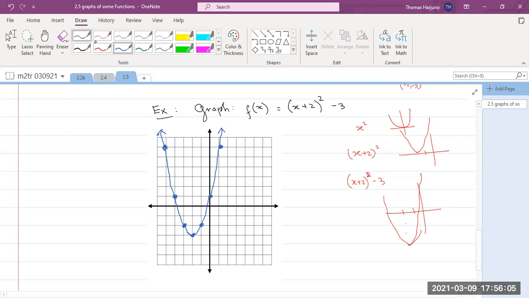Okay. Now from here, you can actually already see that the domain of this quadratic function is all real numbers. Can you tell me what's the range here? Anybody?